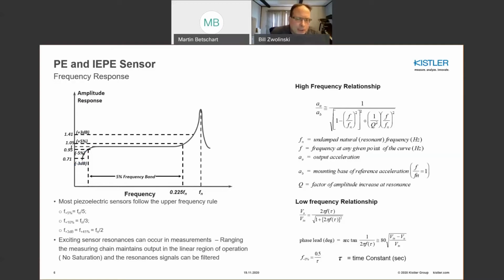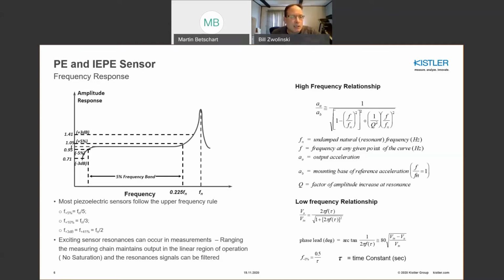By knowing that, we can compute closed form expressions for the 5%, 10%, and say 3 dB amplitude response as a function of natural frequency. You see Fn over 5 is the 5% tolerance, Fn over 3 is a 10% tolerance, and Fn over 2 is approximately the 3 dB tolerance.